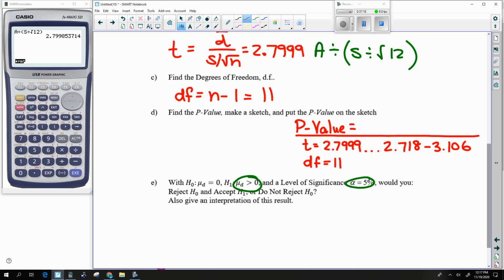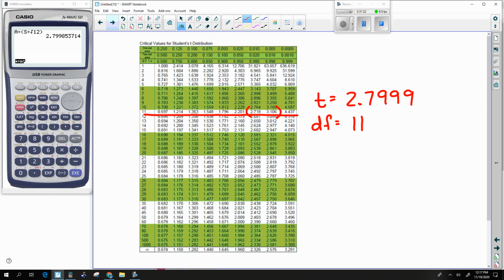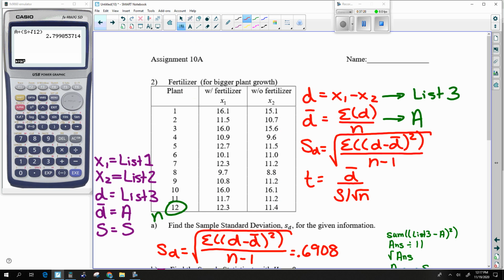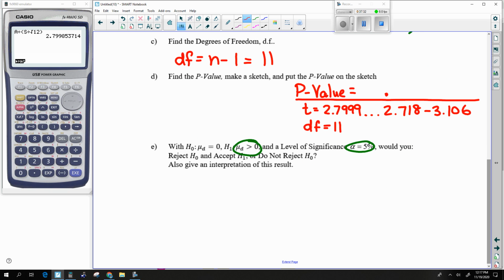And so this is a one tail. So this is in between 0.010 and 0.005. Those are my p-values, so I make sure they're up in my answer above that line on the answer line.